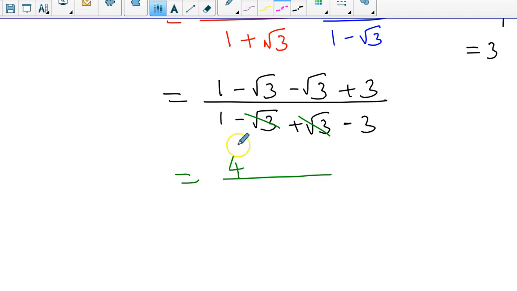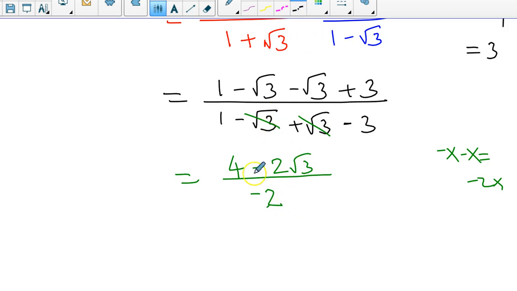That is 4. Negative root 3, that's minus root 3 and again minus root 3. Both are having the same negative sign. Add them with a negative sign. So 1 plus 1 is 2, 2 root 3. It is just like negative x and negative x, put them together, gives you negative 2x. Just like that. Okay. Now in the denominator, we are left with 1 minus 3. So 1 minus 3 gives you negative 2.